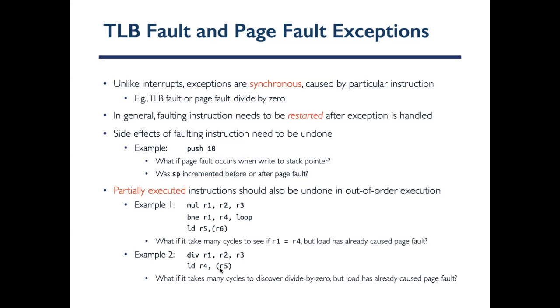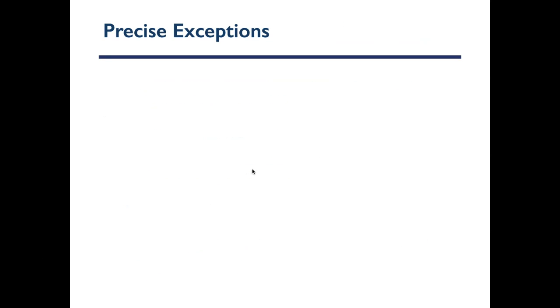So these are all examples that show you it's not that straightforward, maybe at first sight, to restart your instruction from where the exception happened. Now, luckily for us, these are all taken care of by the hardware implementing precise exceptions.